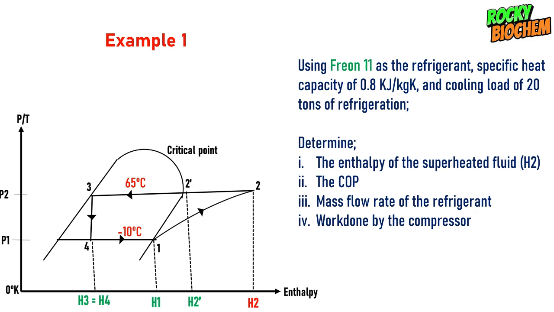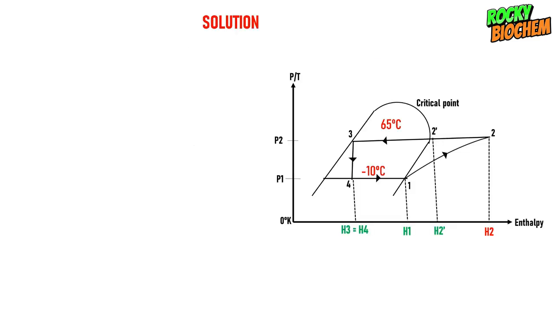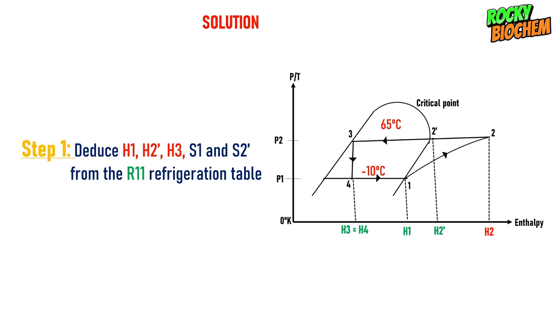First of all, this is the diagram, and we know that the temperature at the evaporator region was minus 10 degrees Celsius, and the temperature at the condenser region was given to be 65 degrees Celsius. The first step is to deduce the values of H1, H2, H3, S1, and then S2 from the R11 refrigeration table.